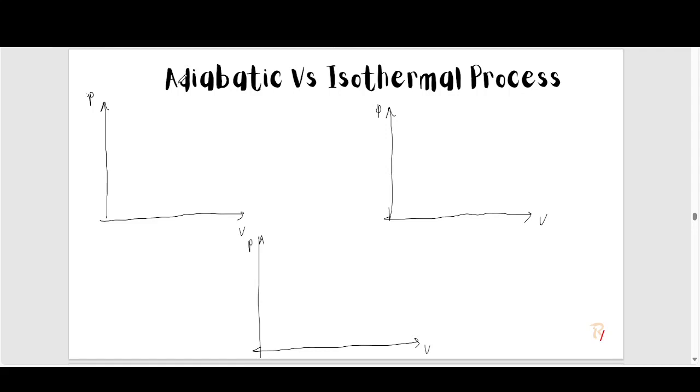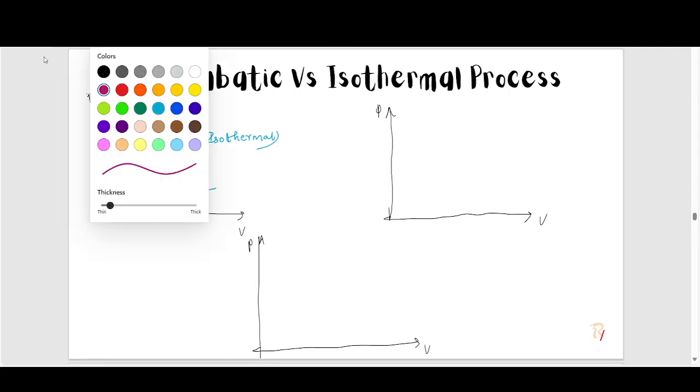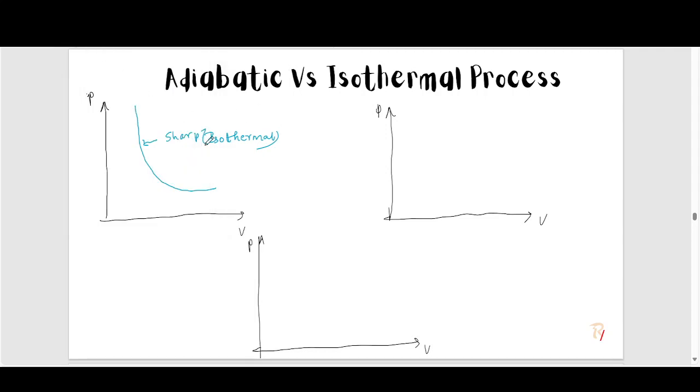Since the isothermal graph is always sharp, since sharp means isothermal, these graphs are too sharp. And let me give a color to the isothermal graphs, which will be increasing like this.